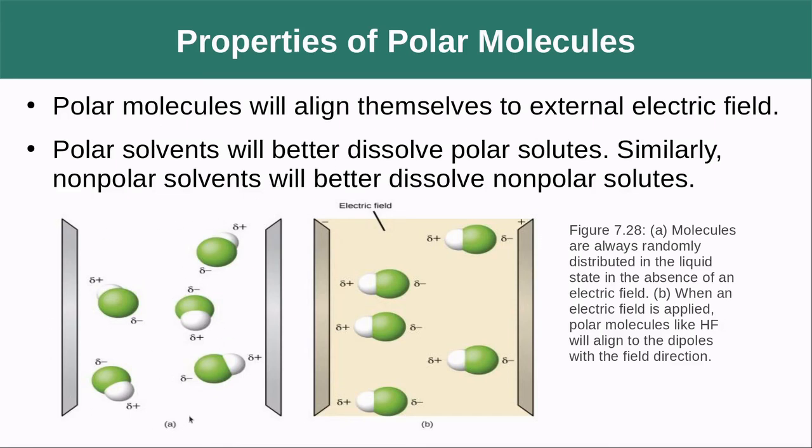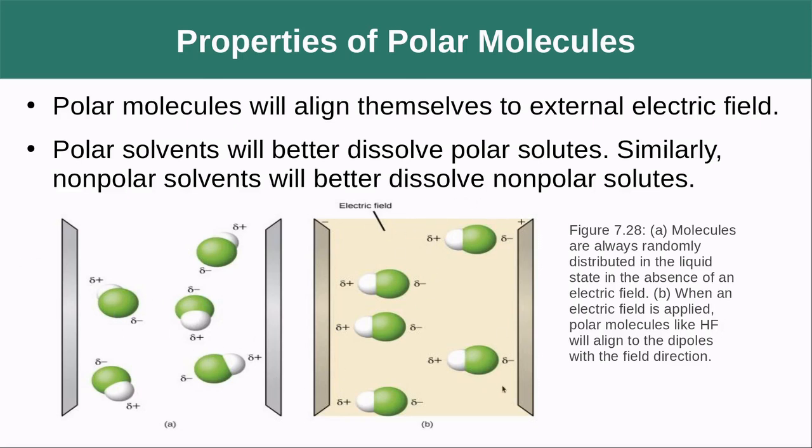Here we can picture this electric field. We have these molecules floating around, arranging themselves in any old way, whichever way they feel like at any moment. They're moving, and these arrangements are changing all the time.